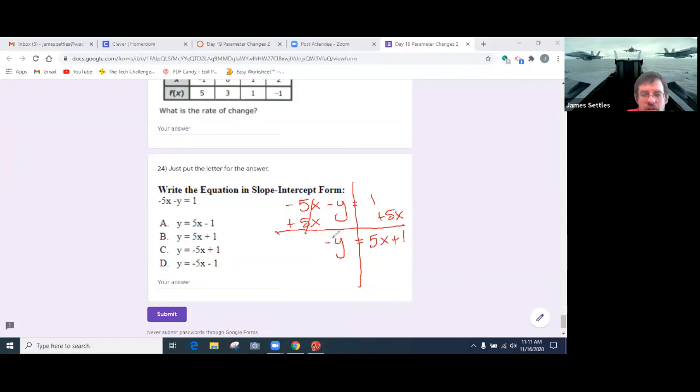And then there's an understood -1 right there. We're going to divide everything by -1. And so this will give us y equals, and then you can throw these in the calculator, but one negative makes the whole thing negative. So -5x, and then the one negative makes the whole thing negative there. And so the answer would be D.